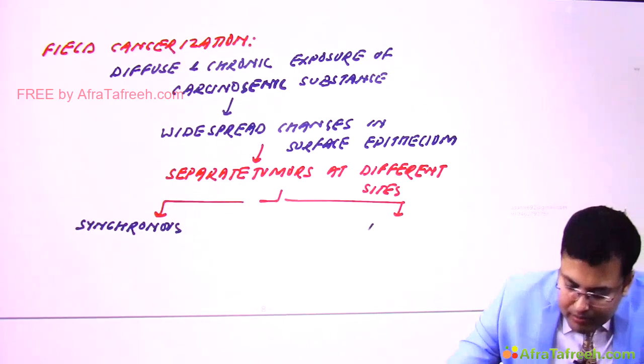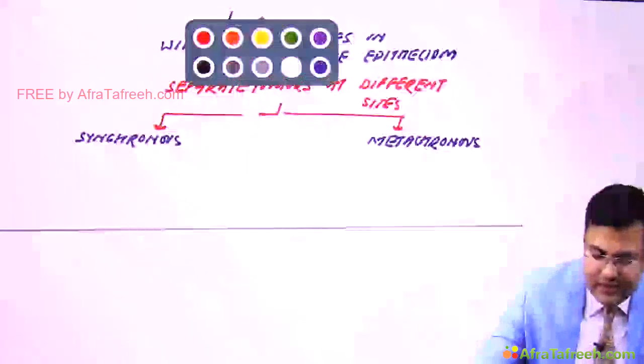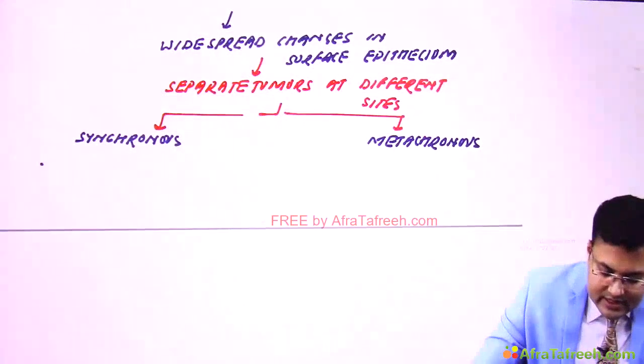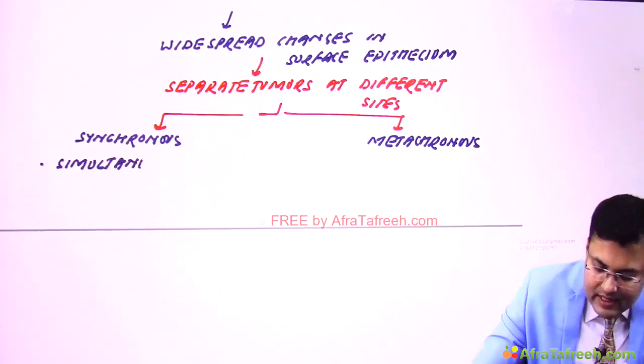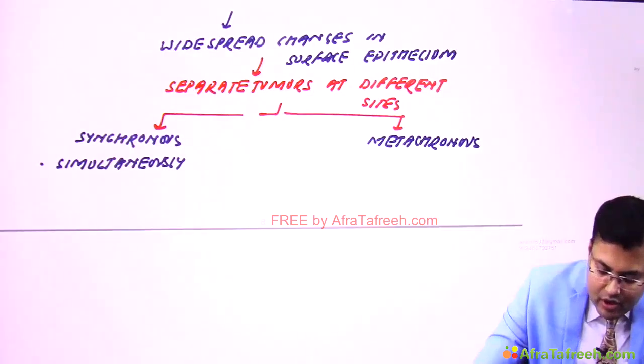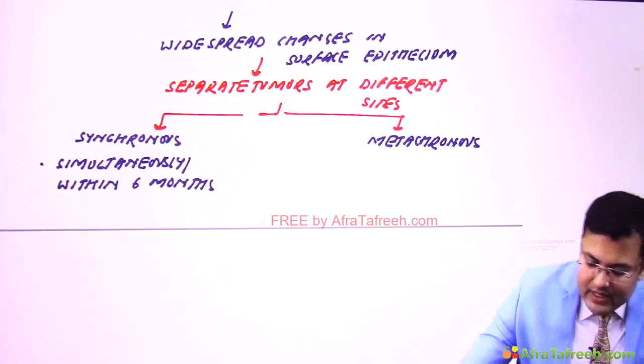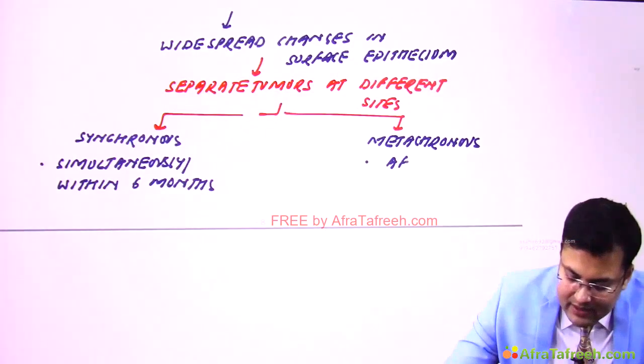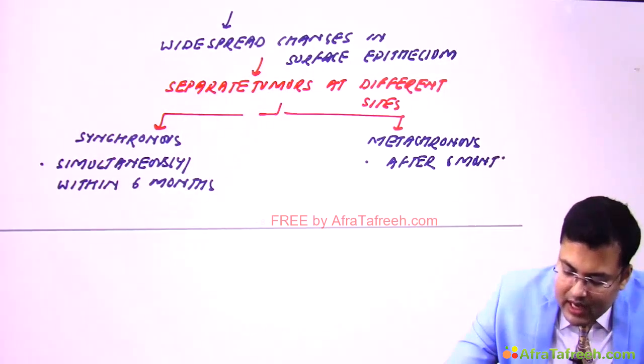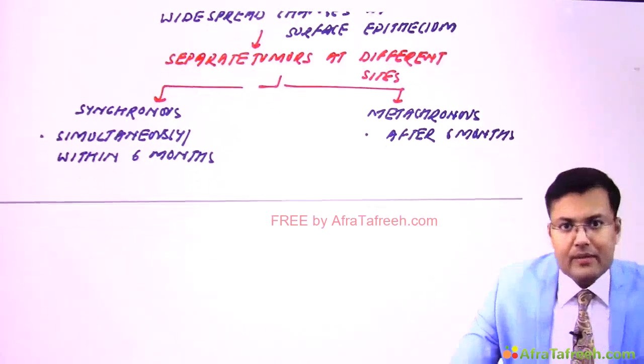Or metachronous, which is detected or diagnosed after 6 months. So the second tumor is diagnosed after 6 months of the first tumor or primary tumor.